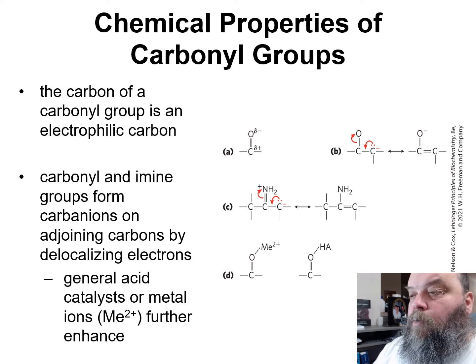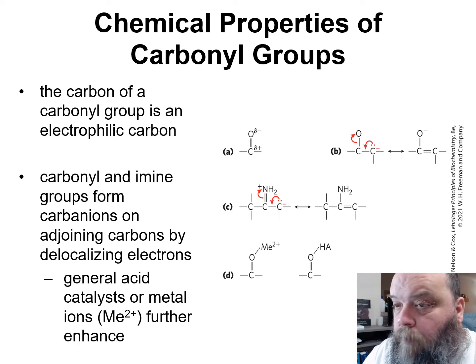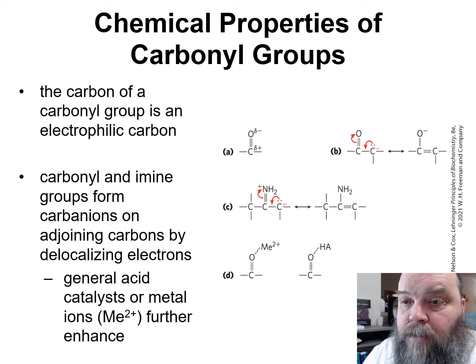What we see here when we look at the carbonyl groups, the chemical properties of these carbonyls, is such that the carbonyl group is an electrophile. It means that the carbon here is going to be accepting an electron from someplace else. Why is it doing that?